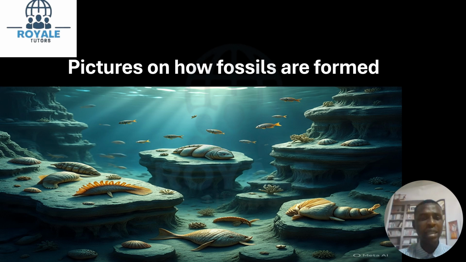You can see dead remains of some plants, dead remains of fishes, and dead remains of animals, the ones having shells and the ones not having. Over time these are what become fossils.